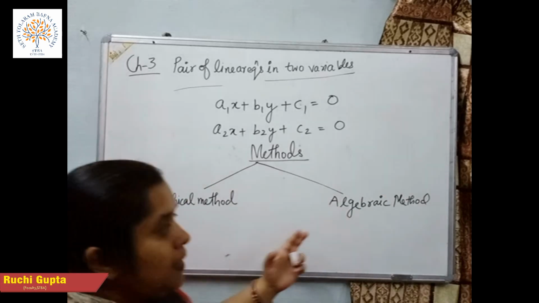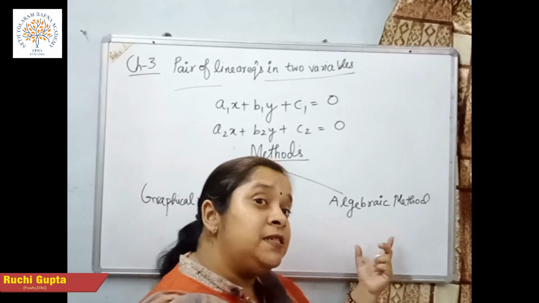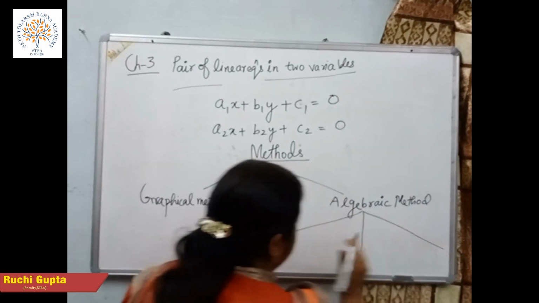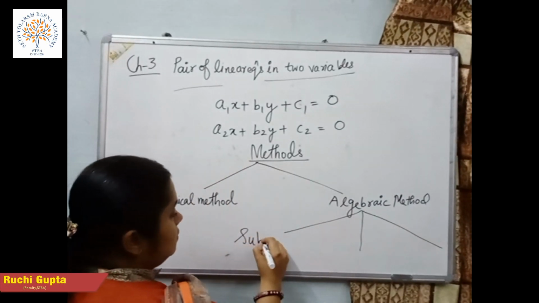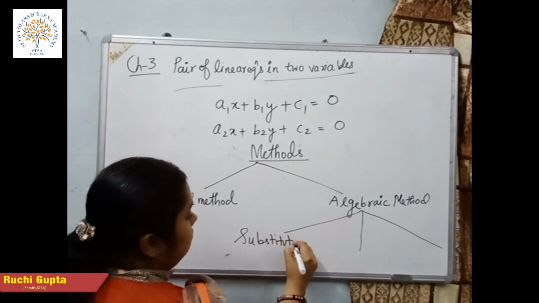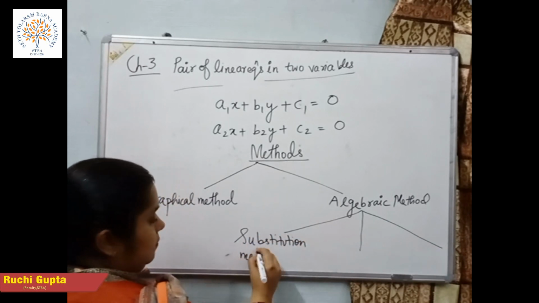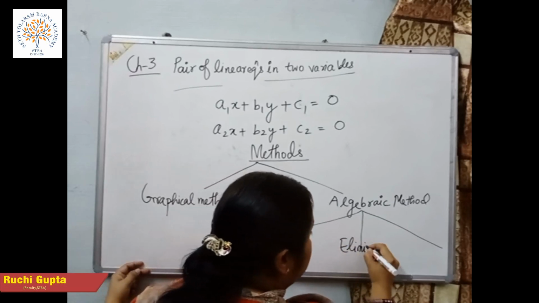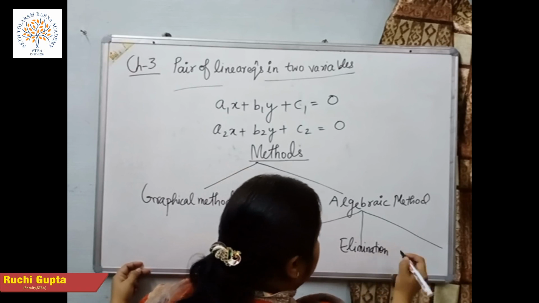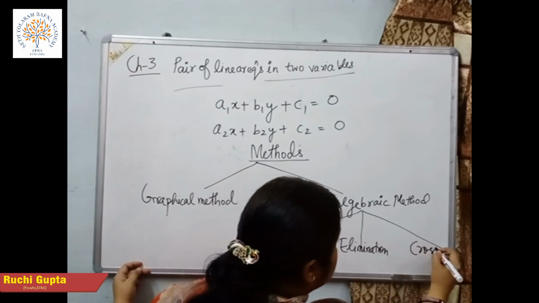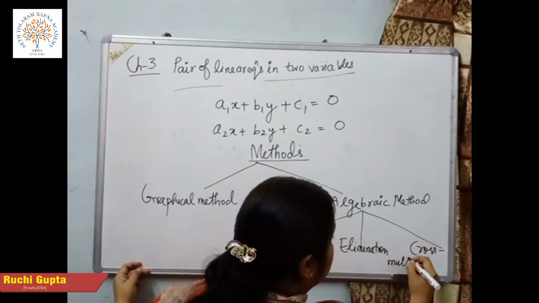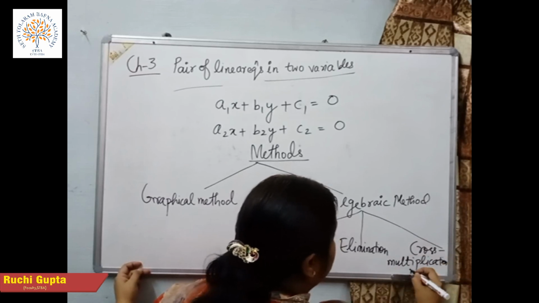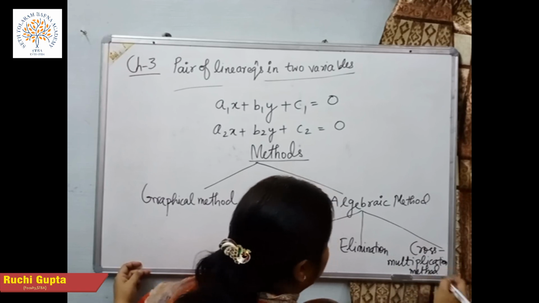Now students, the algebraic method again has three methods. The first is the substitution method. The second one is the elimination method. And the third one is the cross multiplication method.